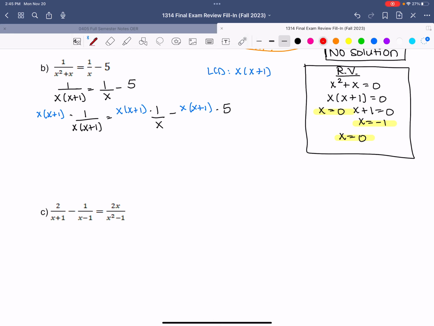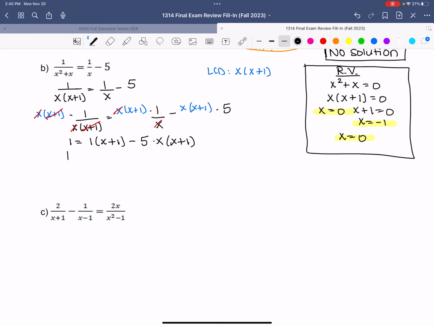So now here I see that my x's are going to cancel and my x plus 1s. That's cool. X's are going to cancel there, but that's pretty much it, right? Those are all the denominators. So what do we have left? We have 1 equals 1 times x plus 1 minus 5 times x plus 1.